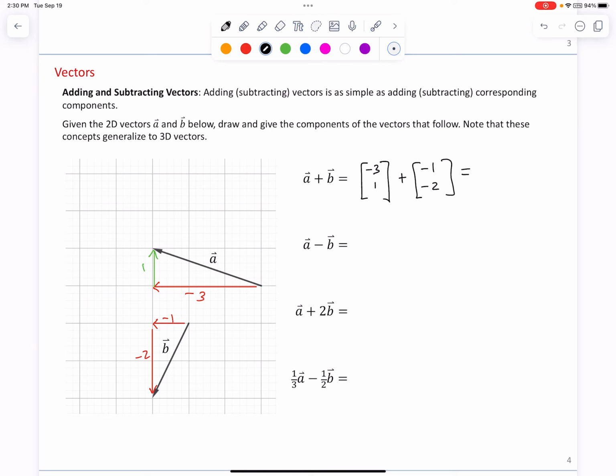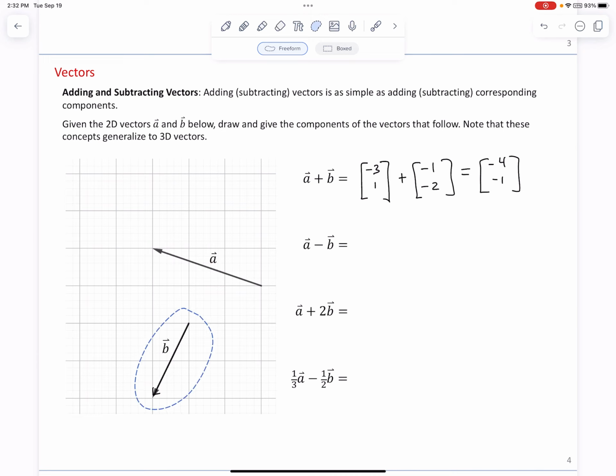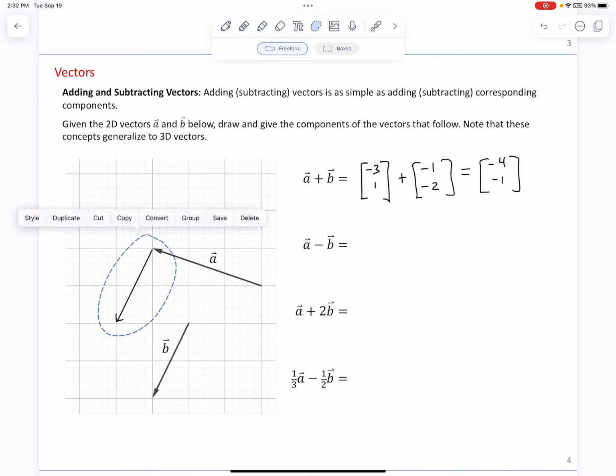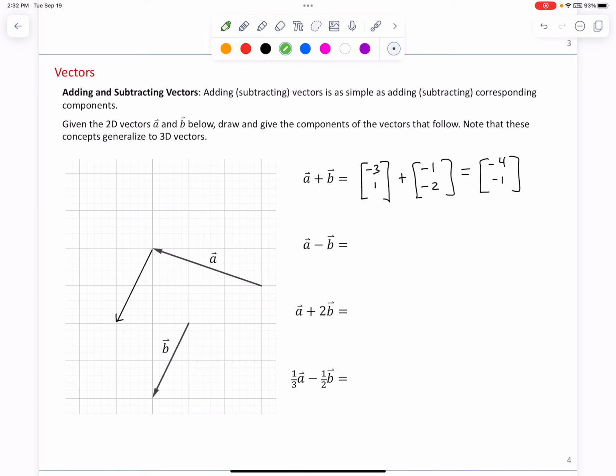And then we add the vectors by simply adding the components, just like we would if we were adding two matrices, giving us -4, -1. Now visually what's happening here, when you add vector b to vector a, you make a chain of vectors to figure out the resultant vector. So starting with vector a from tail to head, take vector b and position it so its tail is at the head of vector a, and it takes you to a new location.